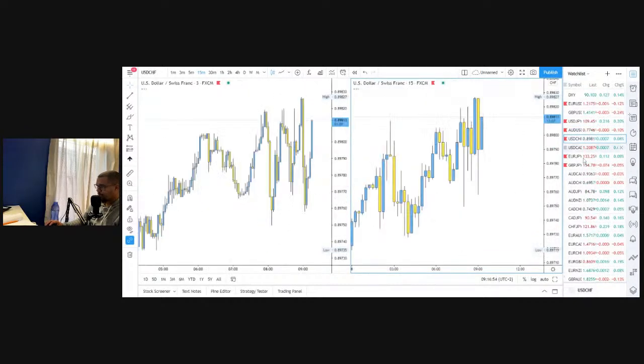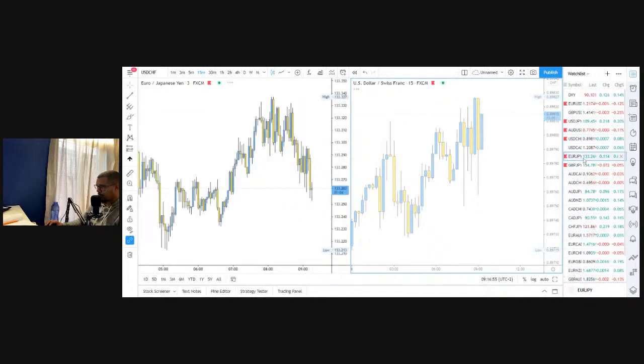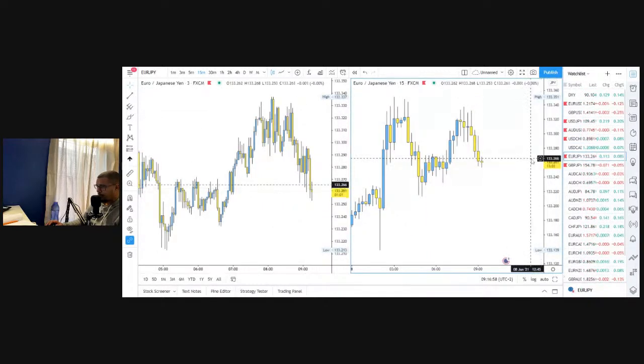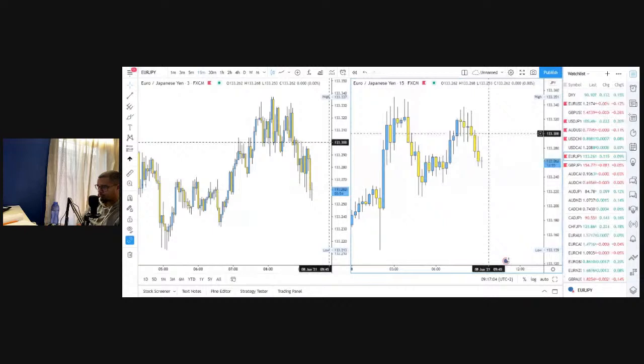I'm just quite hacked at Euro JPY for doing that. After 20 trades, I might actually have to look at my stop loss rule.